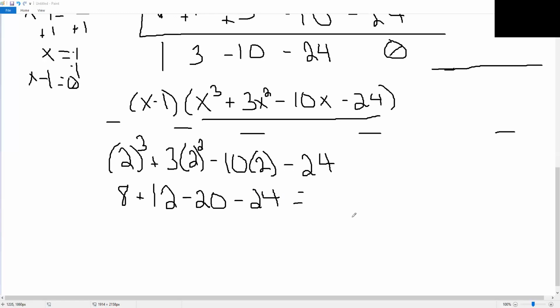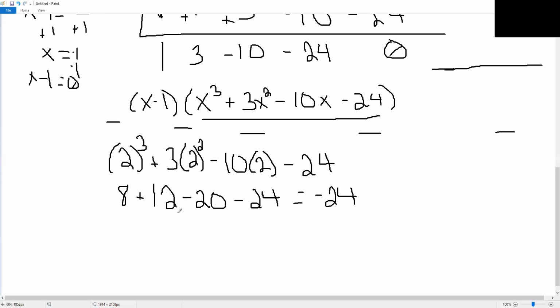Okay, so 8 plus 12 minus 20 minus 24. So we got a negative 24 here. Okay, so that didn't work. We got a negative 24.